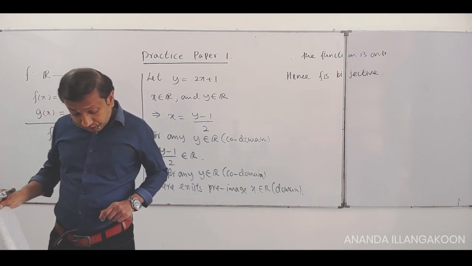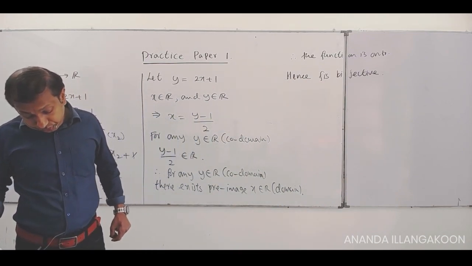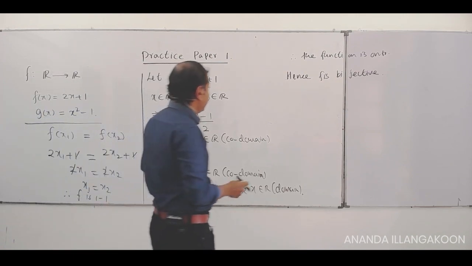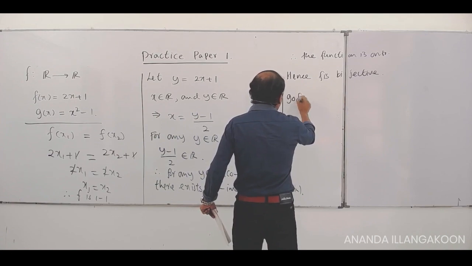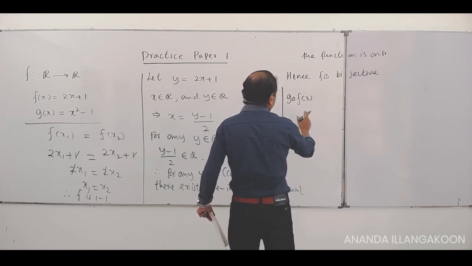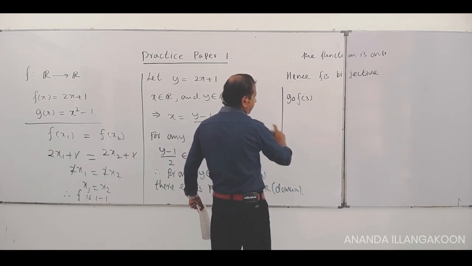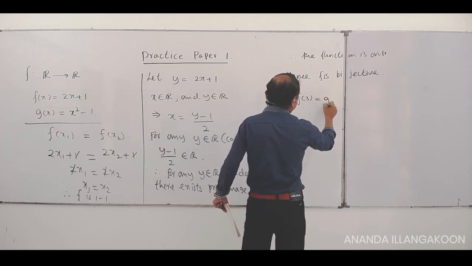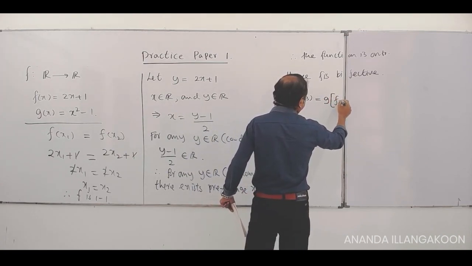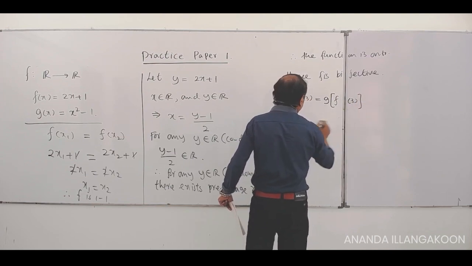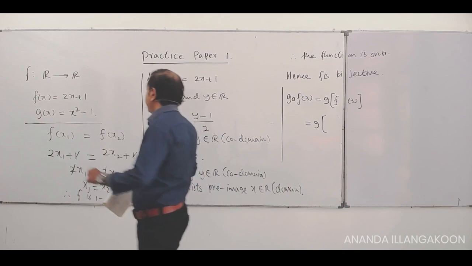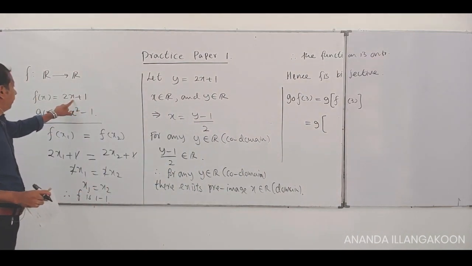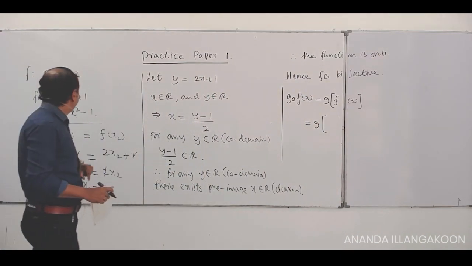Asked to show next, g of f of 3 equals 48. g o f(3) means f and g are composed, so this is written as g(f(3)). How to take f(3)? Put x equals 3: 2 into 3 plus 1, 7.